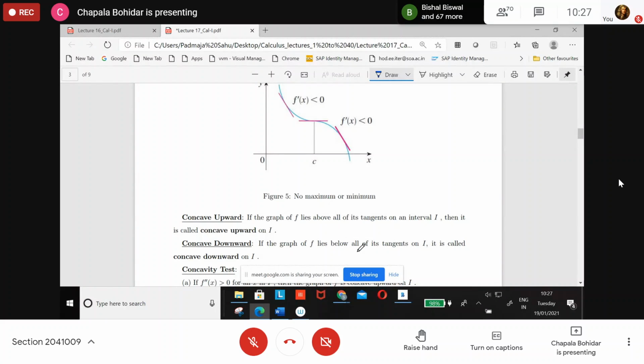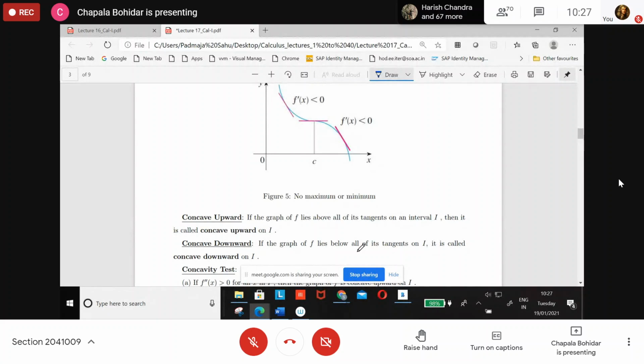Now find the local minimum. All of you have done the first question, I think. First example. Find the local minimum and maximum value of the function f in example 1. Where are we getting the local minimum?